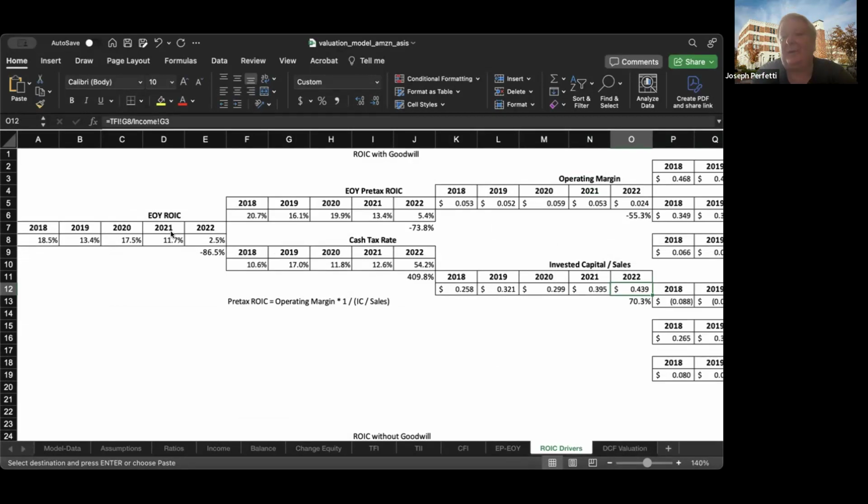So here's the data for Amazon. Tell me about the 5 years. So anybody want to volunteer before I start picking on people?